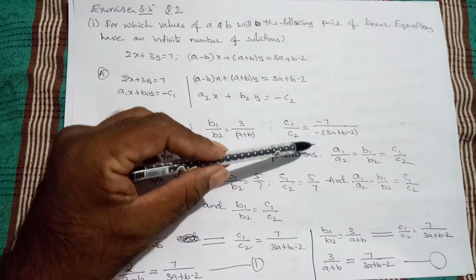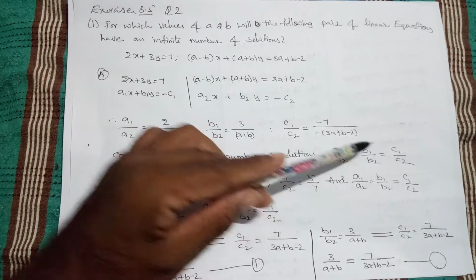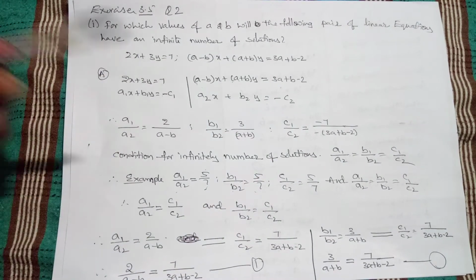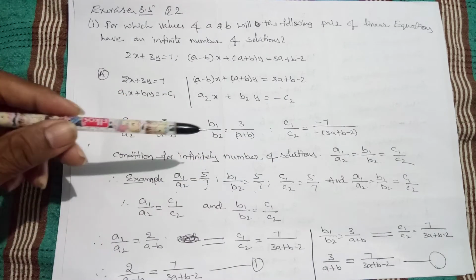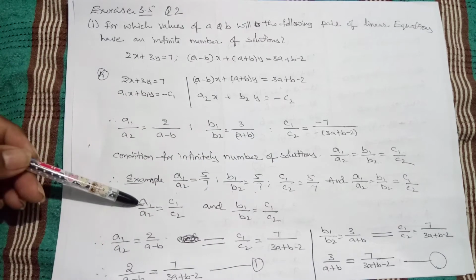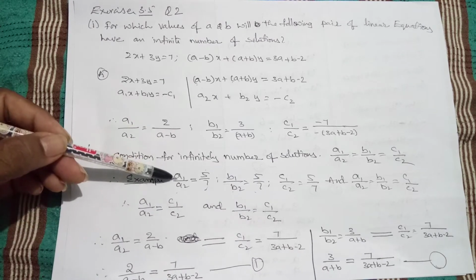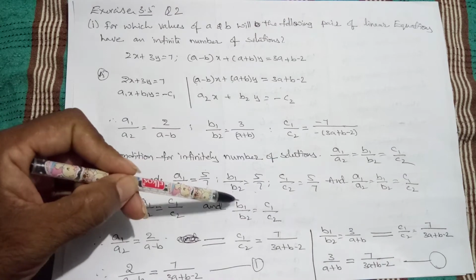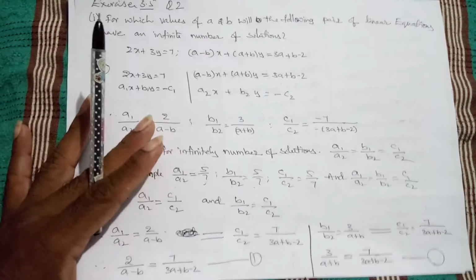Because the condition is a1 by a2 is equal to b1 by b2 is equal to c1 by c2, all the ratios are equal. Therefore can we say a1 by a2 is equal to c1 by c2, like this example? And can we say b1 by b2 is equal to c1 by c2? We will do it like that.